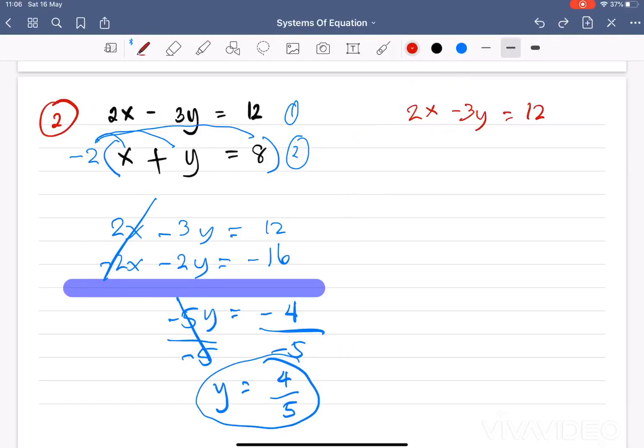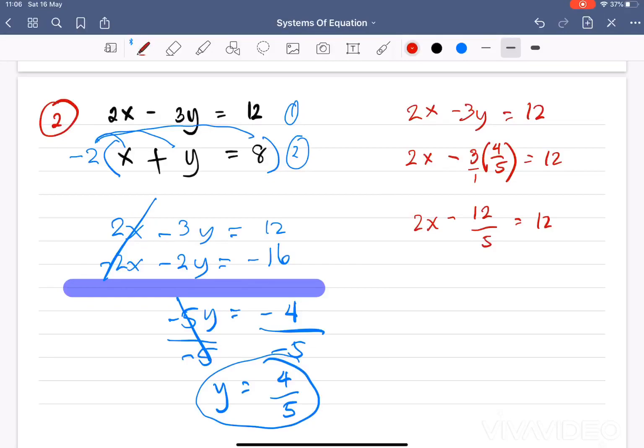That's going to be 2x minus 3 times 4/5 equals 12. Multiply. 3 has an invisible denominator 1. That makes 12 over 5 equals 12.